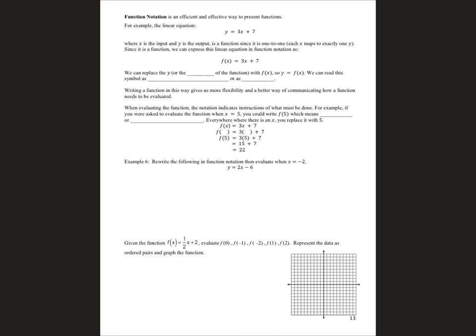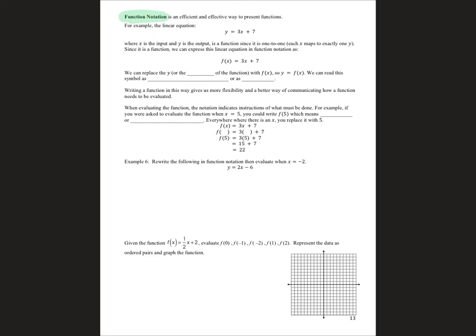So if you are not proficient with function notation and can't recognize it and write things in function notation, we're going to have a problem. So let's go ahead and talk about function notation. Function notation is a shorthand, efficient, effective way to represent functions.